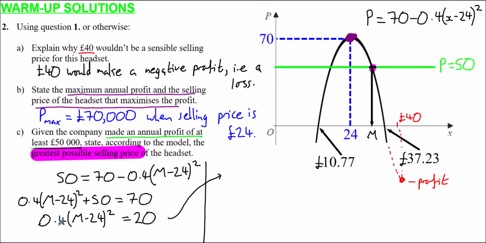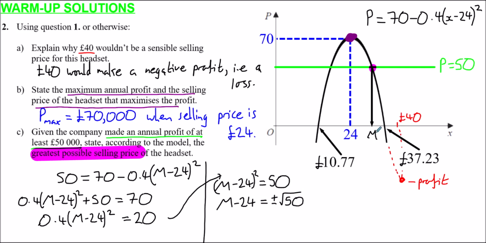Next, I can divide both sides by 0.4. If I do that, I get (m minus 24) squared equals 20 divided by 0.4. That gives us exactly 50, in fact. So now if we square root both sides, m minus 24 equals plus or minus the square root of 50.